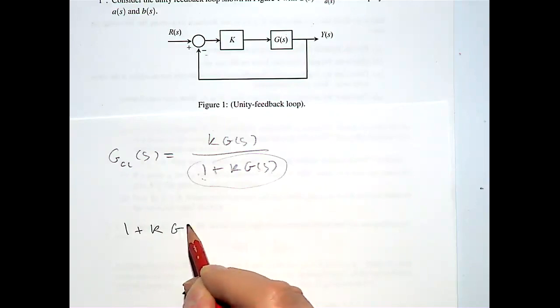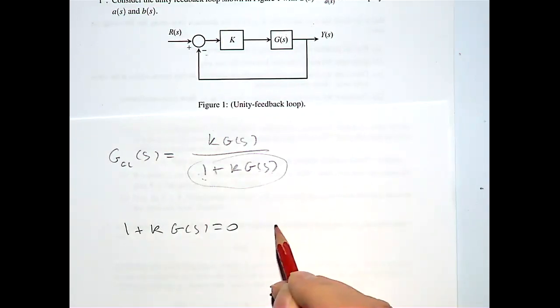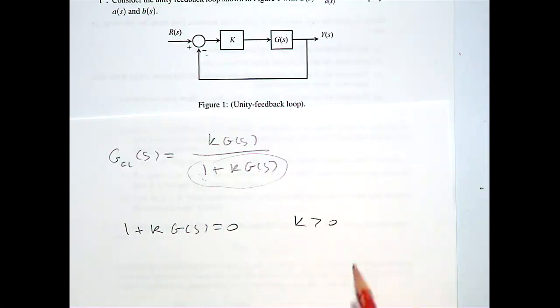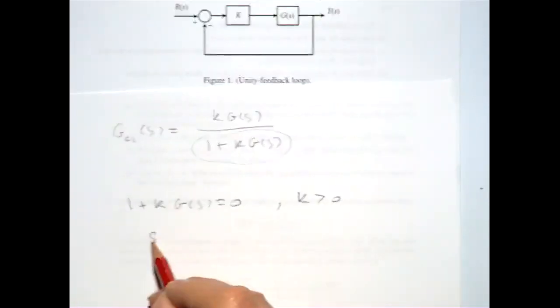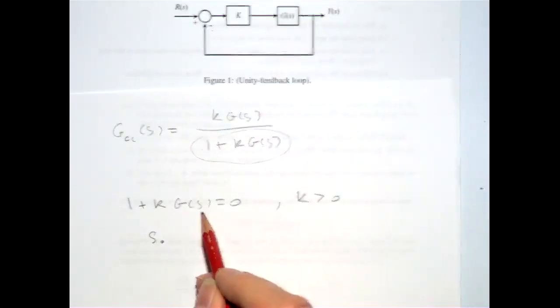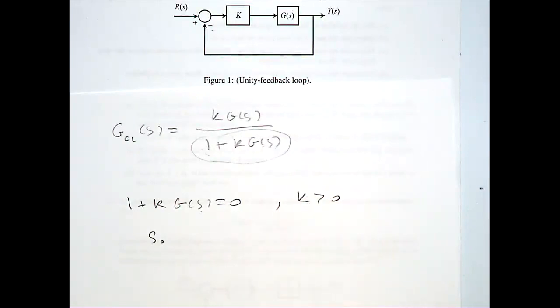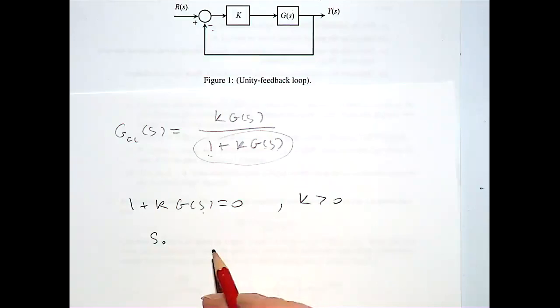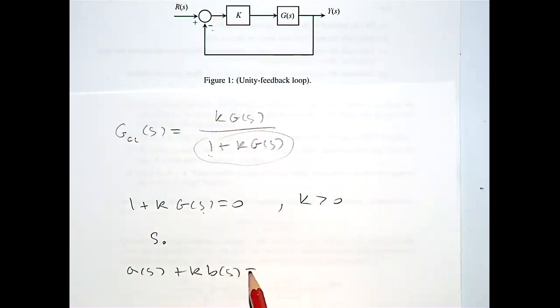1 plus K G(s) equals 0 gives the points where the root locus is, for some positive K. So if some point s0 is on the root locus, it means that when I plug it into this equation, it has to hold for some K. In terms of polynomials A and B, G is B over A, so this equation is the same as A(s) plus K B(s) equals 0.